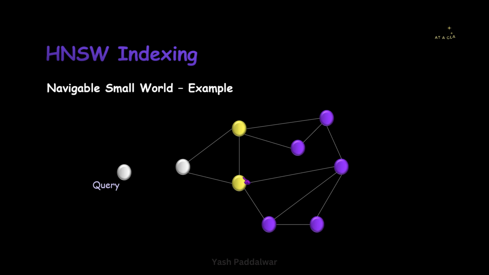We compare which neighboring node has greater similarity with the query vector than the current node, and that node will be chosen as the current node. Otherwise, the current node remains as it is and is output as the final answer for this query vector. So I hope you are getting an idea.